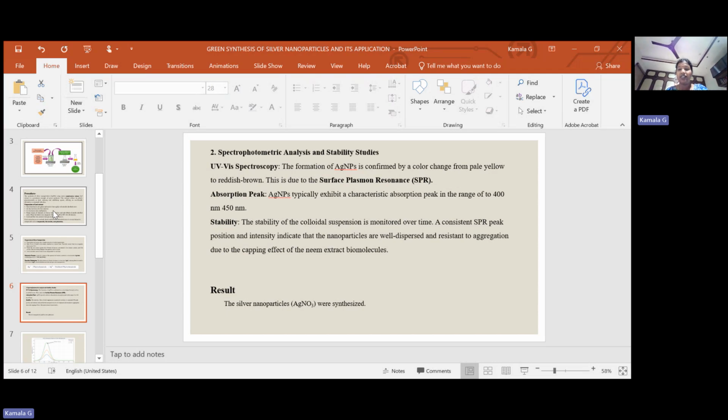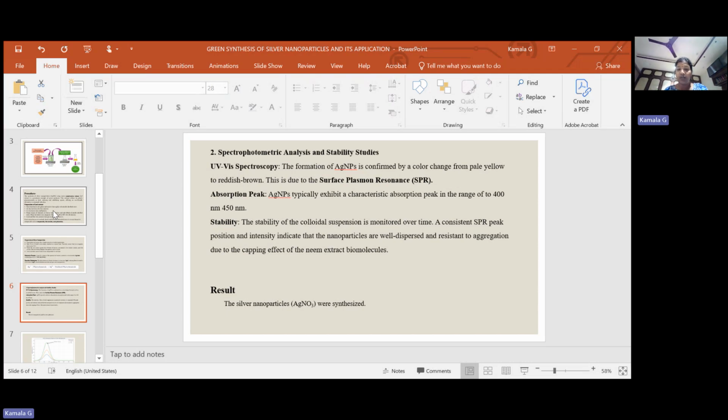We have to study the stability of the nanoparticles and analyze whether we are creating nanoparticles or not. In our laboratory, we have a spectrophotometer. We use spectrophotometric analysis, UV spectrophotometry, as the primary method to analyze the nanoparticles.